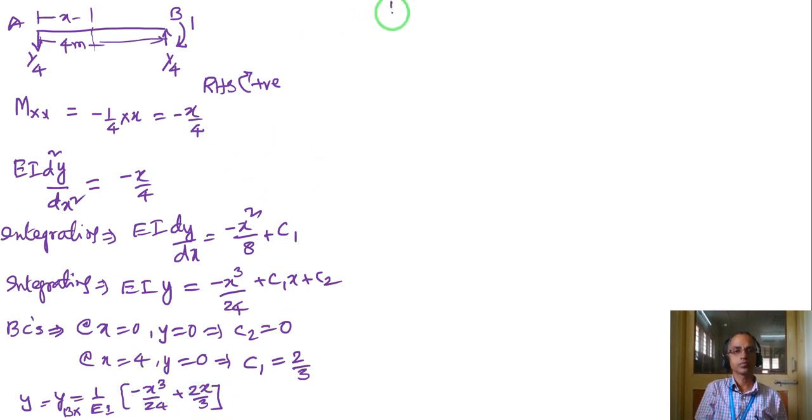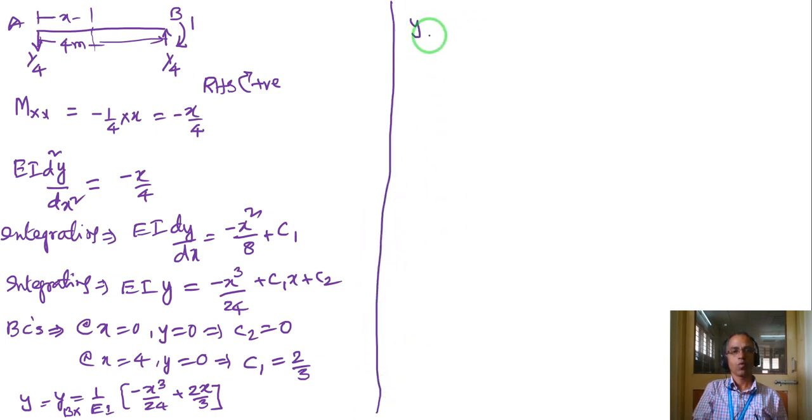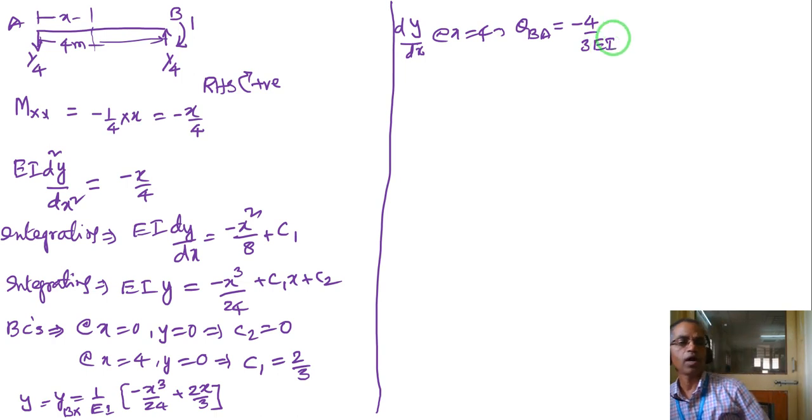So that slope will be dy by dx at x equal to 4, which is theta BA, which is equal to, substituting in this equation C1 and x equal to 4, I get minus 4 by 3EI. Theta BA is minus 4 by 3EI. Okay, this is important.